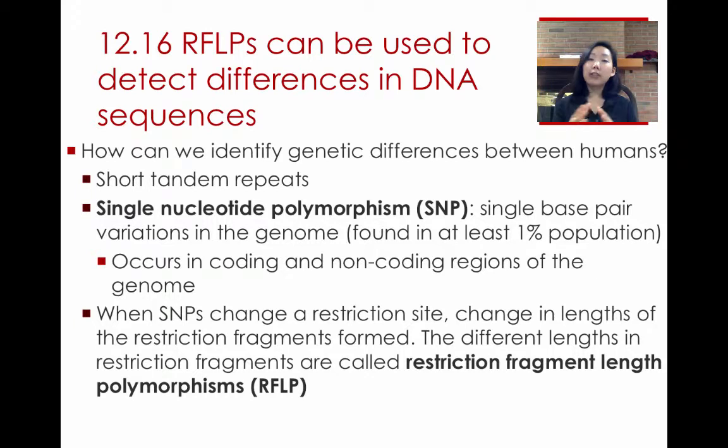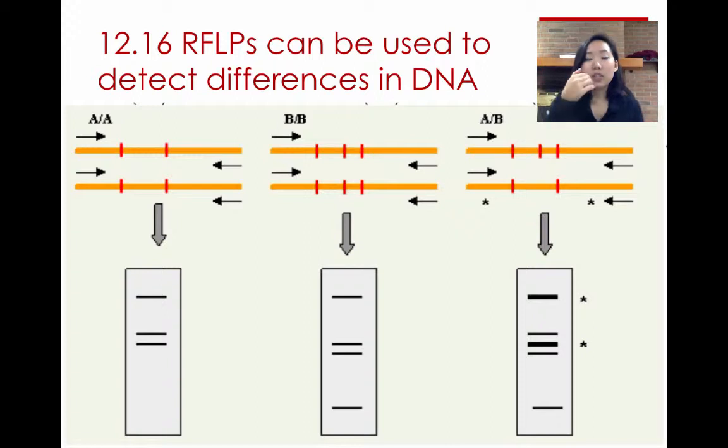These differing lengths of restriction fragments lead to something called restriction fragment length polymorphism, RFLP. We can use RFLP to determine differences between human beings. Here is a visual depiction of what we talked about, where the red lines indicate a one nucleotide difference between these different individuals.